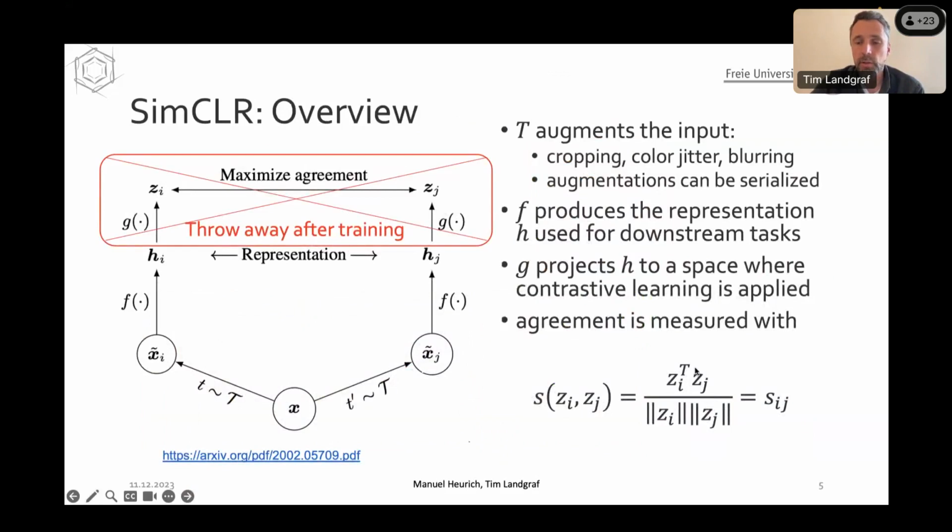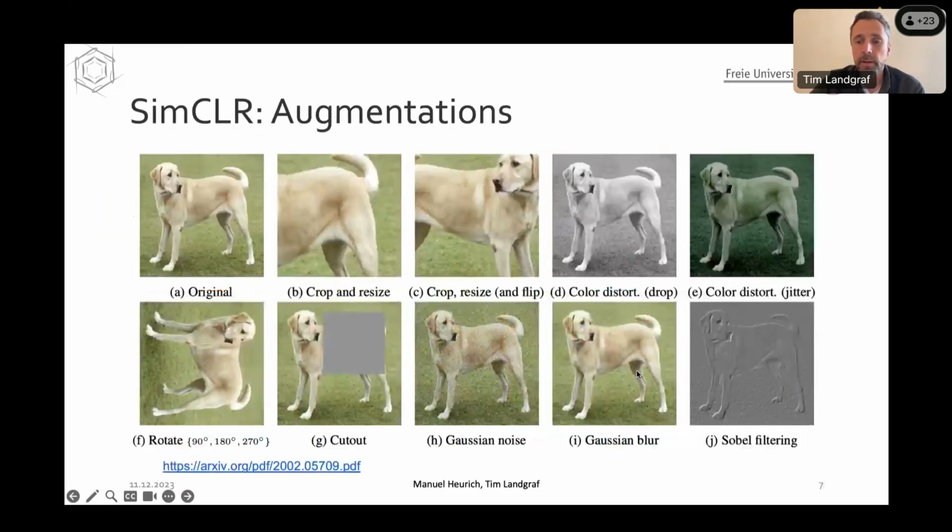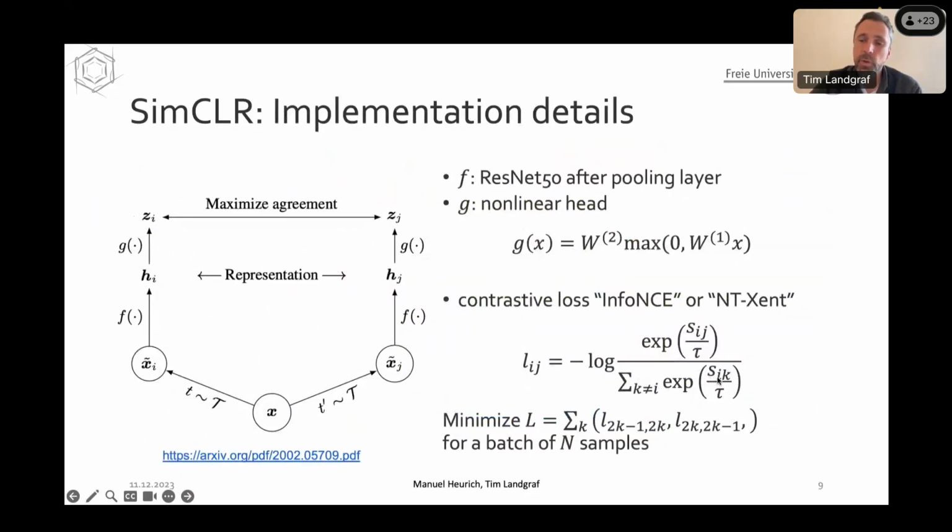S is this cosine similarity between the ith input, so one of the augmentations, and all the k in the batch, among which one is j. So like a positive sample, but all the others are negatives.